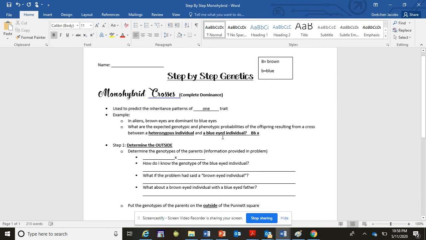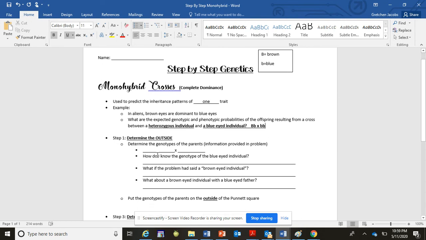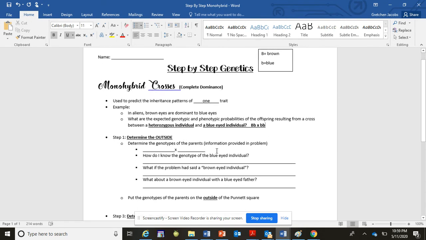So the only time we're going to see a blue-eyed individual is if we do not have the presence of a capital letter. So automatically we know if we're not going to have any capital letters, then the only way we're going to actually see the recessive trait is two little b's. It says determine the genotypes of the parents from the information provided in the problem. So that's what I just did.